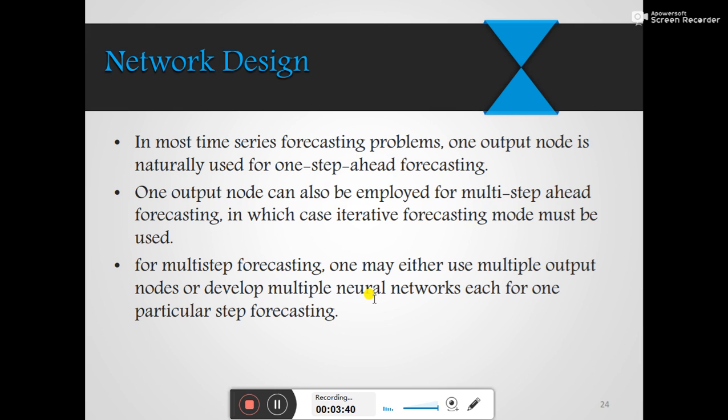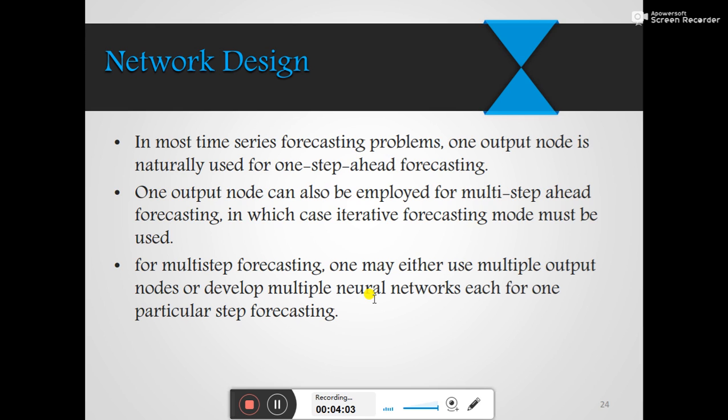In most time series forecasting problems, one output node is typically used for one-step-ahead forecasting. That is, one-step-ahead forecasting is used in most cases of neural network design. One output node can also be employed for multi-step-ahead forecasting, in which case iterative forecasting mode must be used.